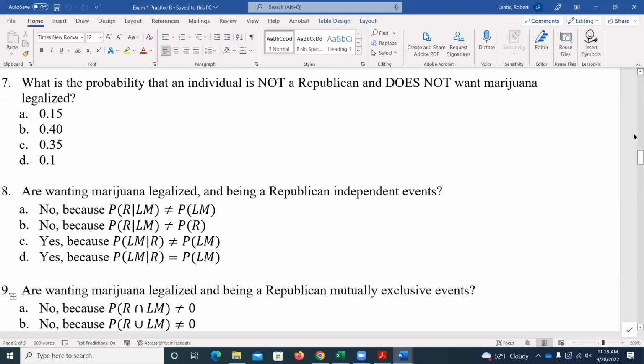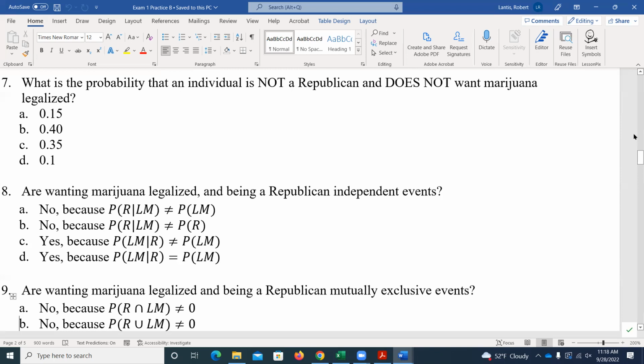Does it matter that what we found was LM and R instead of R? Yeah, so I've got this written two ways, right? We said that if A is independent from B, B is independent from A. So you could check it this way, right? It would have been better if you had the foresight to check this instead. So maybe looking at the answers might help you know which one to find.